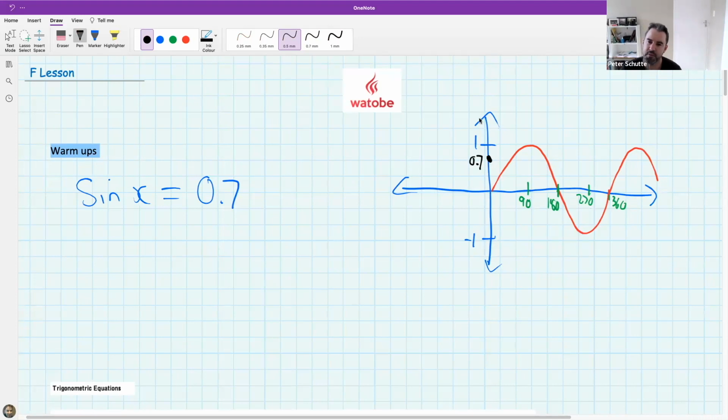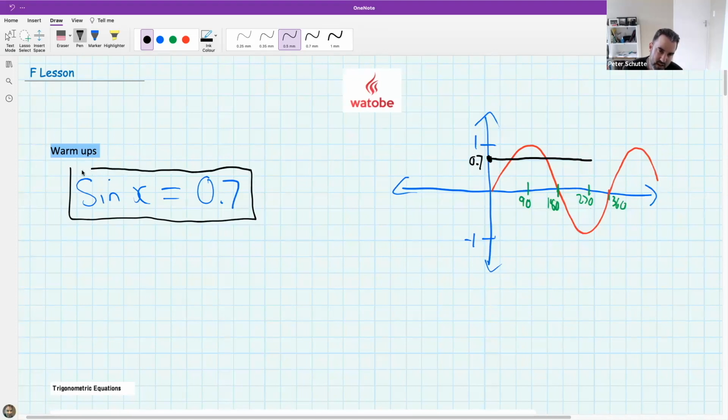Okay, now, if you imagine 0.7 on the y-axis, it is always going to be in line with that straight line. So when we try to solve a trig equation, we're basically saying, where does this particular trig graph cut into this constant function? And the answer for this would be something over here and something over here.